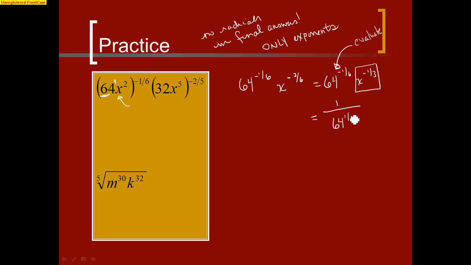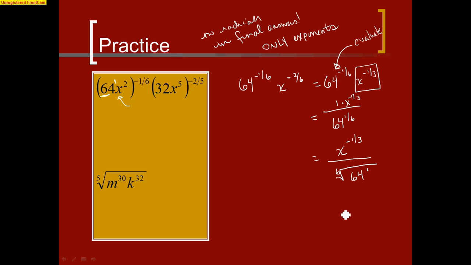And then don't forget that you still have x to the negative 1/3 up here. Now, use radicals in the middle of your answer, not my final answer. Remember, this is a radical where the numerator stays with the base and the denominator becomes a 6.